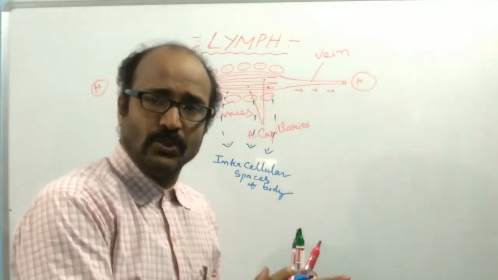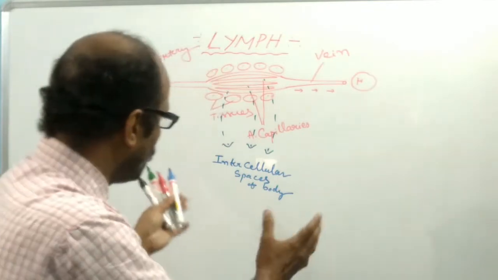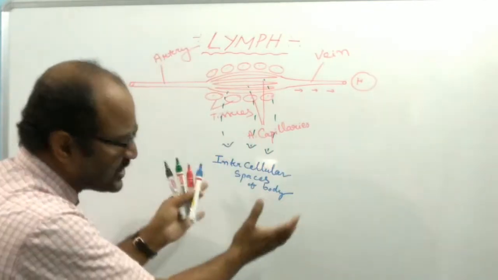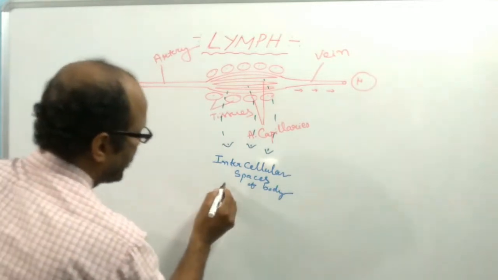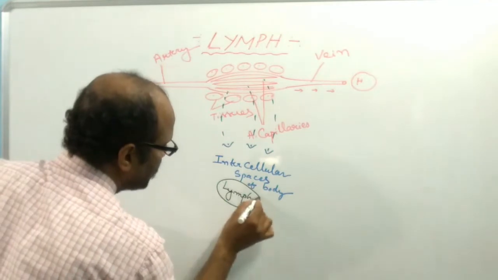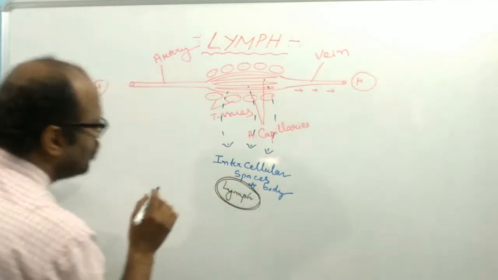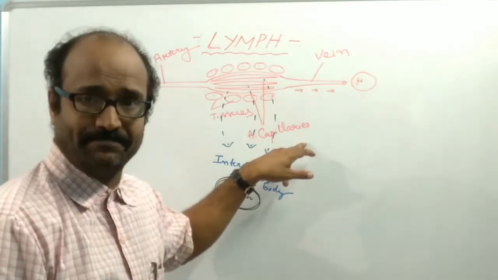Such fluid, which comes out from the arterial capillaries and is stored in the intercellular spaces, is known as lymph.